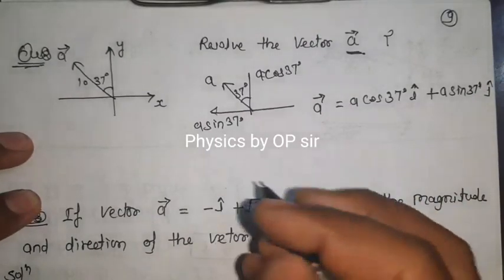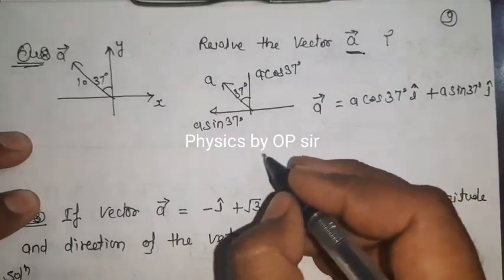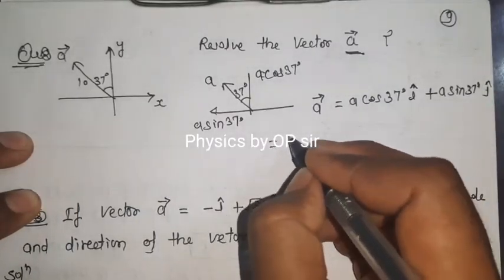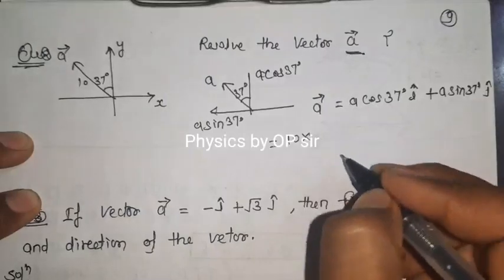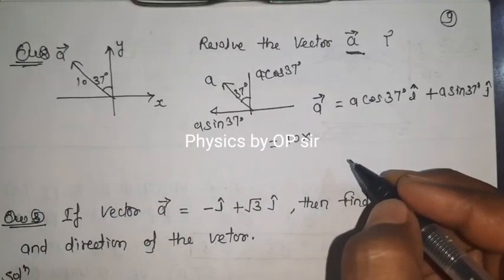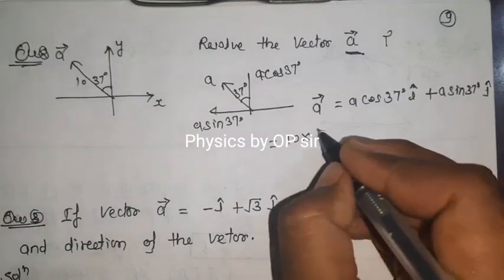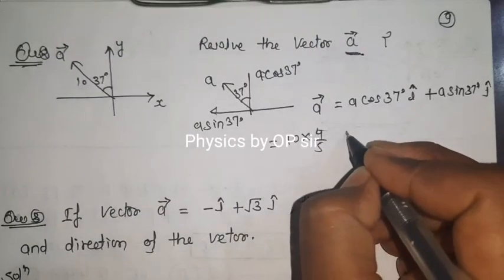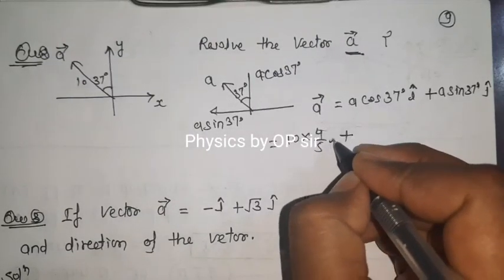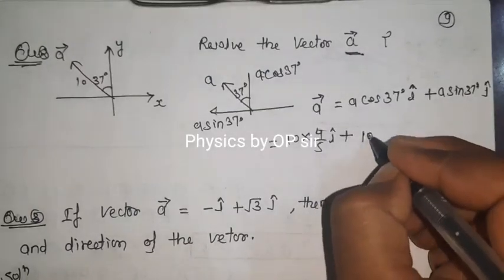If we want to find out the magnitude, then how can we find it? By putting these values. This is 10. Cos 37, we have discussed in the previous lecture, the value of cos 37 is 4 by 5, plus the j cap. A sin 37, the value of a is 10.